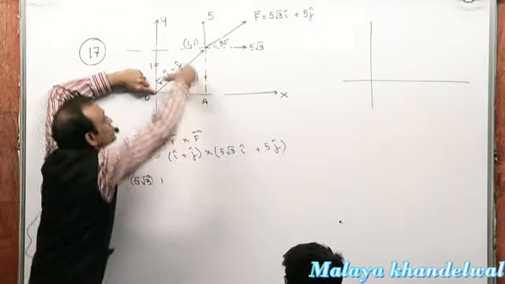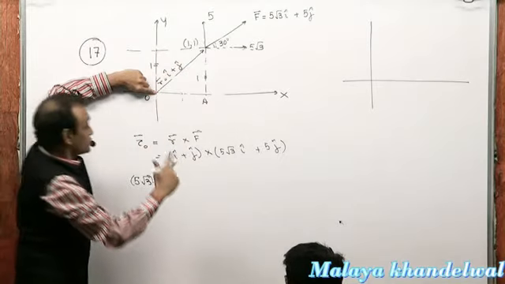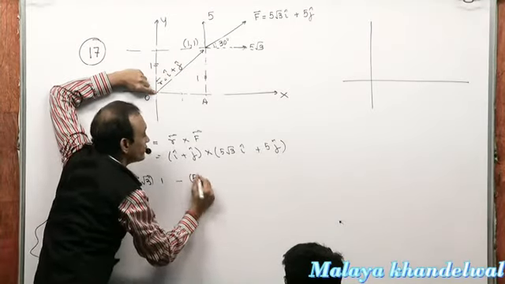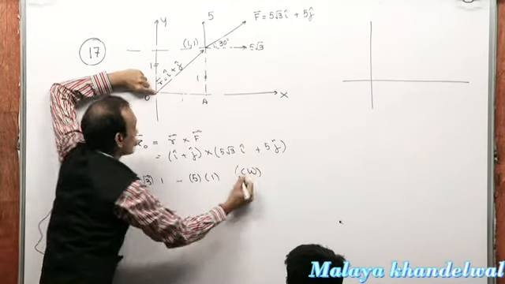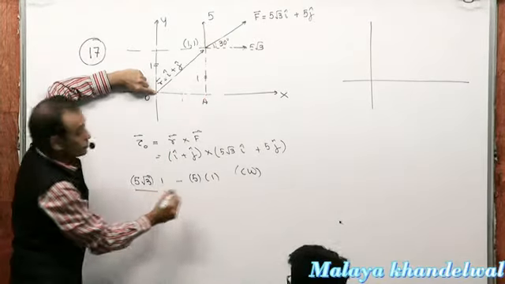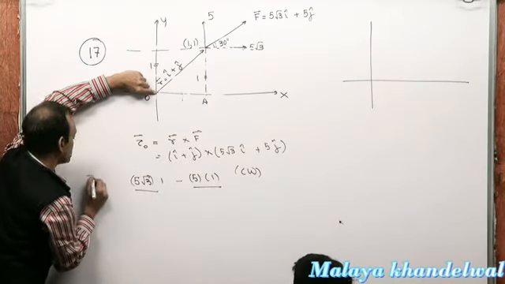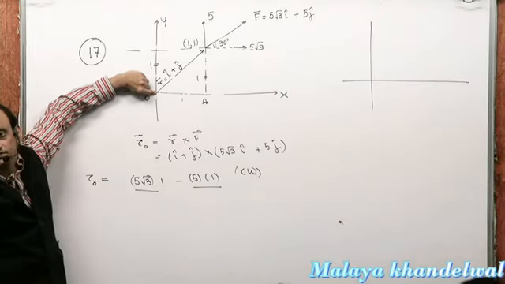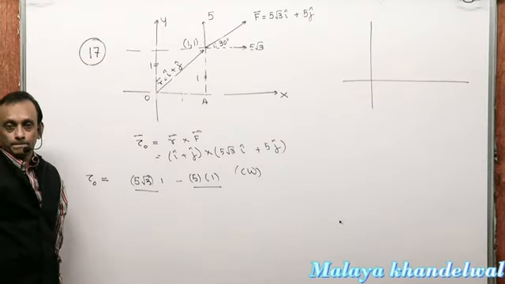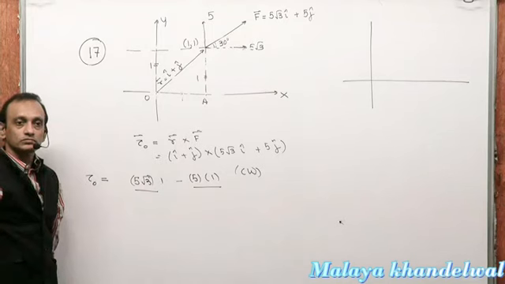And this component produces anti-clockwise torque, which is like minus 5 into 1. This produces clockwise torque about O, this produces anti-clockwise. So that's the net torque about O because of this force. Yes or no?